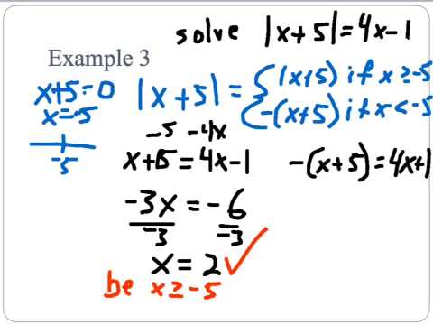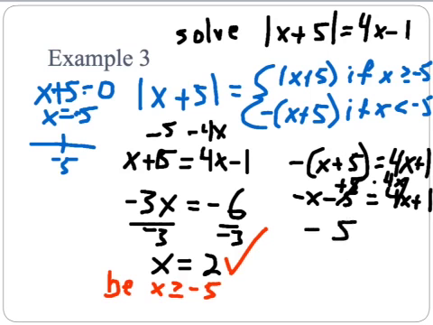Now we look over here at this one, and we end up with negative x plus 5 equals 4x plus 1. Let's just do the same method: subtract 4x from each side, subtract 5 from each side. What I end up with then is negative 5x equals negative 4.